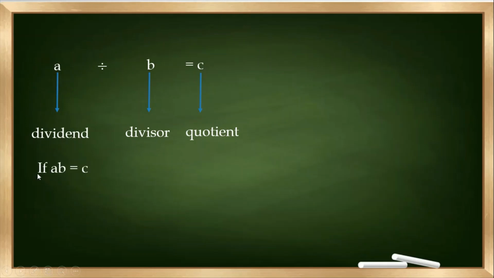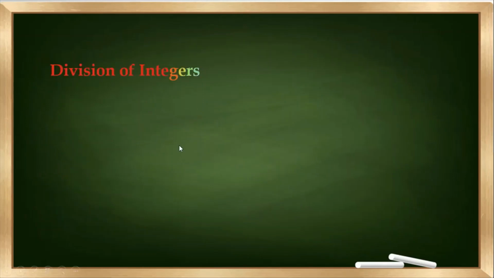Let's say, if A times B is equal to C, then C divided by A is equal to B. For example, we have 10 times 5 is equal to 50, and 50 divided by 10 is equal to 5. Right? So, gaya ng multiplication of integers, yung division of integers ay mayroon ding rules.